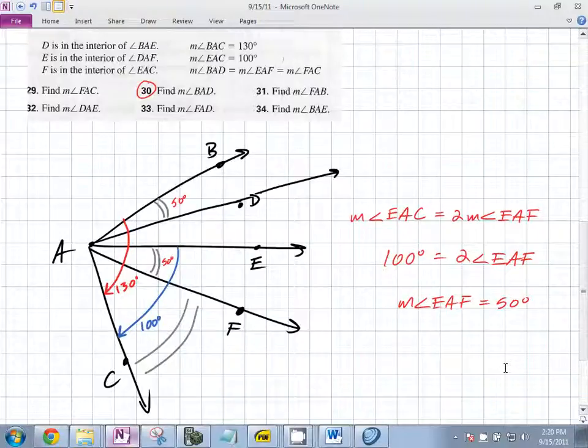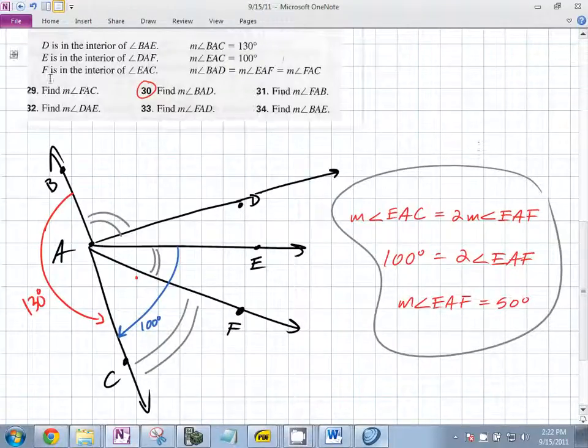Yeah, let's look at it. If that was 50, right? The whole angle here is 130 degrees, right? So what's the problem? 50 plus 50 plus 50 is bigger than 100 degrees. Huh. So is my drawing wrong? No. Okay, let's pause and try to figure out what we did wrong here.